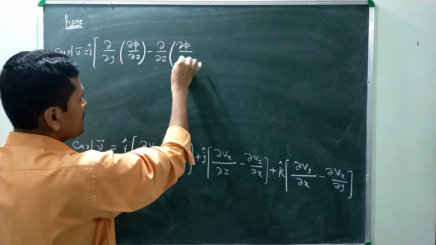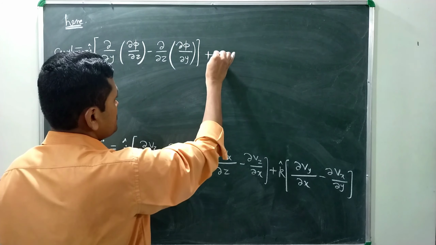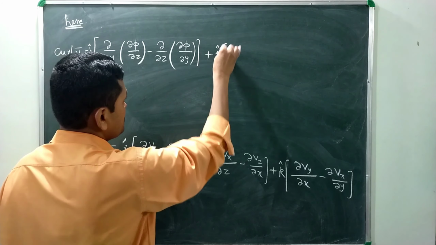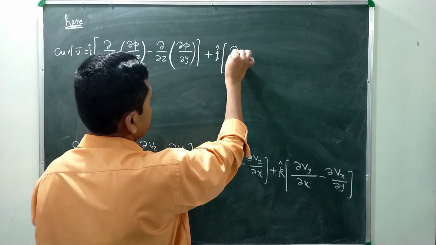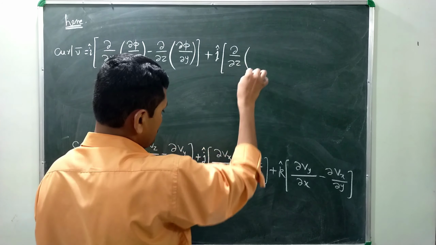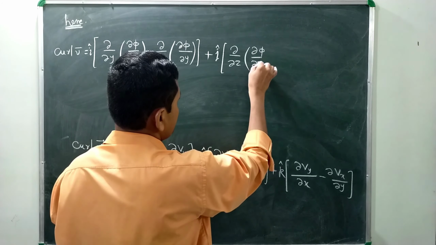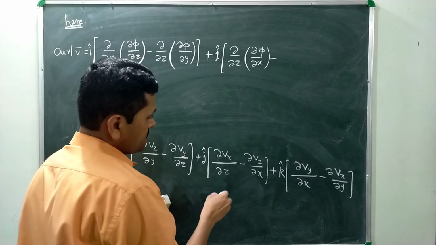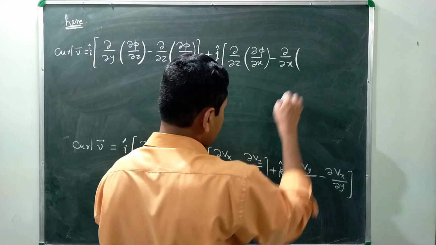It is dou phi by dou y, plus j cap dou by dou z of Vx. Vx means dou phi by dou x, then minus dou by dou x of Vz.